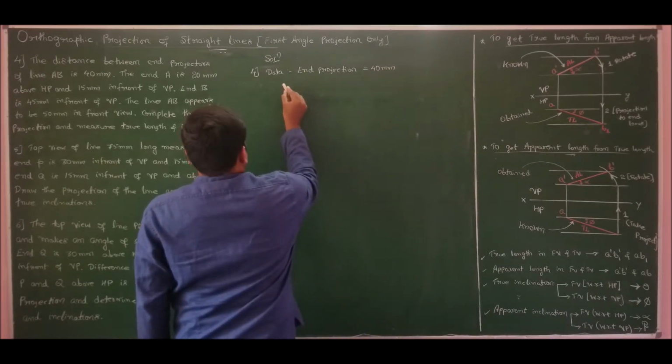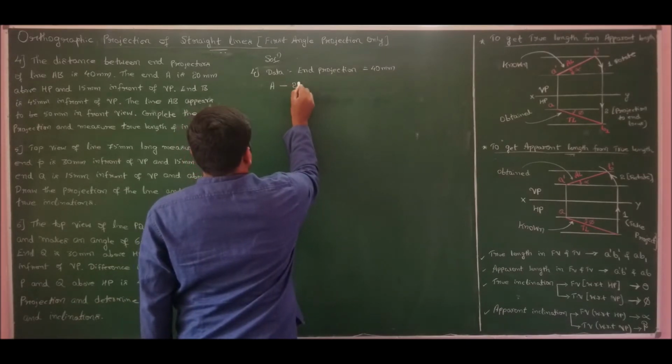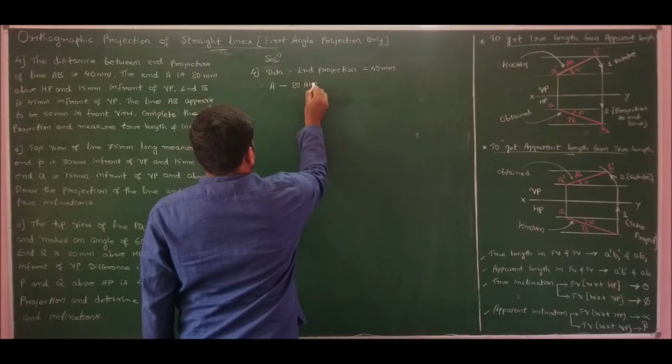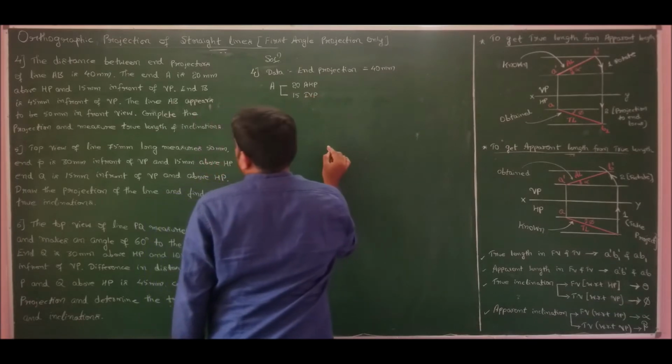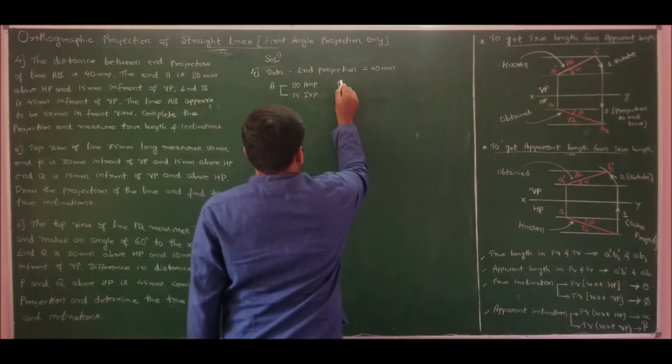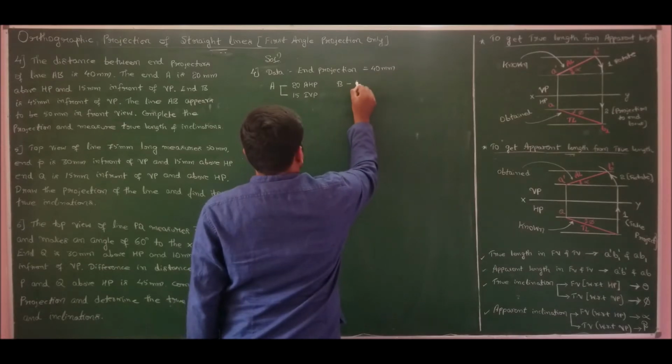And A is 20 mm above HP and 15 mm in front of VP. Coming to end B, 45 mm in front of VP.